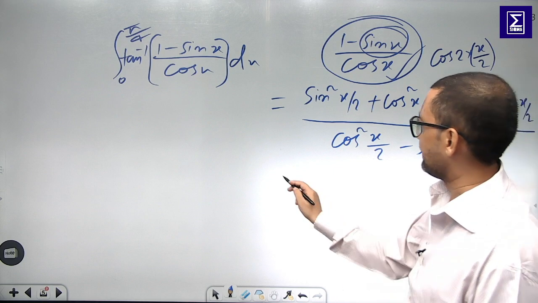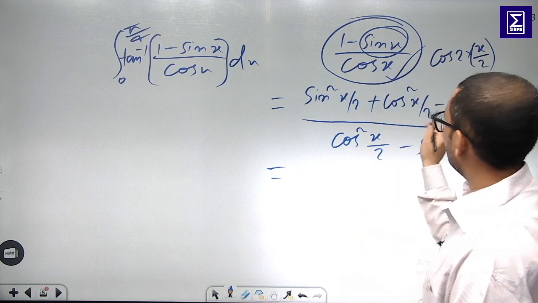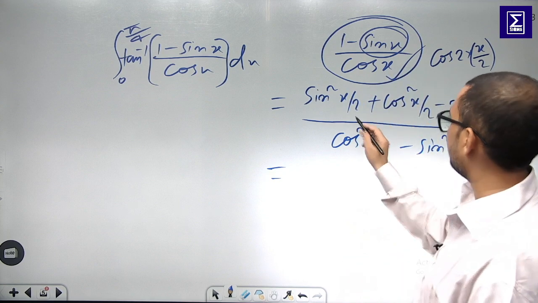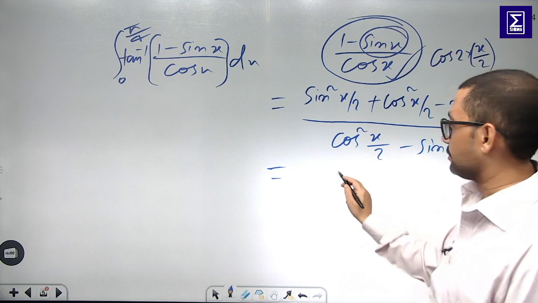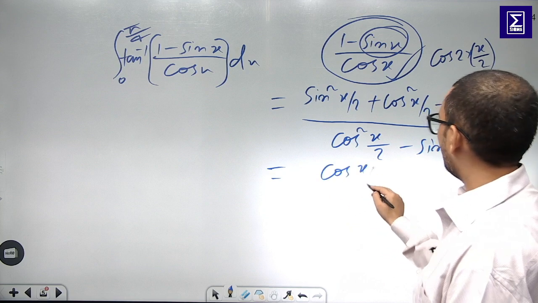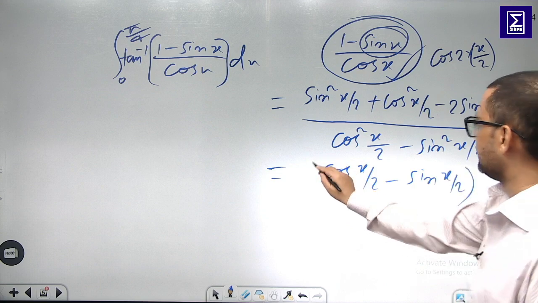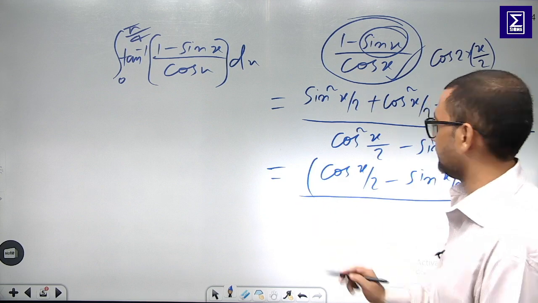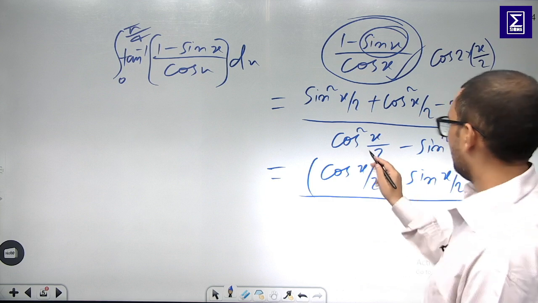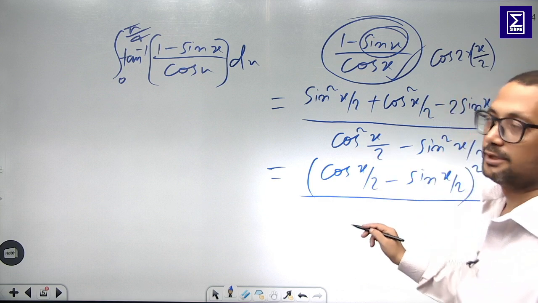So the next step will be, in the top, what will you get? Like a minus b whole square. So cos x over 2 minus sine x over 2, and the entire thing whole square. And in the denominator, what will we take? a square minus b square is a plus b into a minus b.